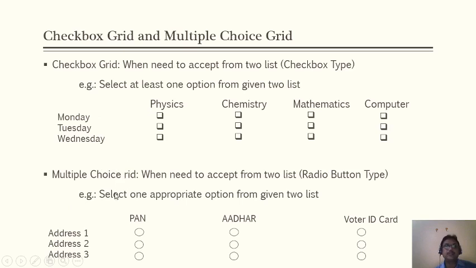Similarly, the multiple choice grid. With the multiple choice grid, if we have to collect three addresses' information from the user, in address one, what kind of document the user wishes to produce, in address two, what kind of document, and in address three, what kind of document. In the case of the multiple choice grid, only one option can be applicable in a particular row, whereas in the case of the checkbox grid, multiple options can be selected in a particular row.